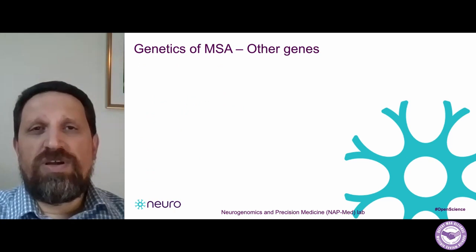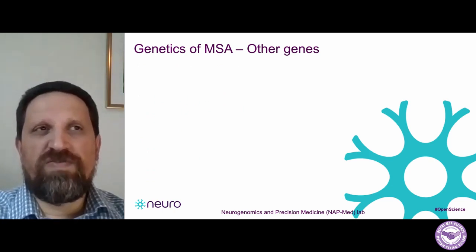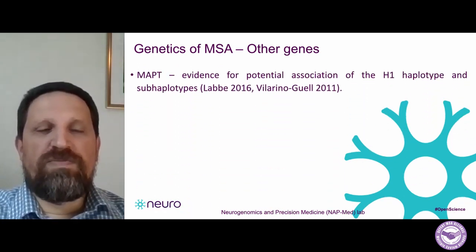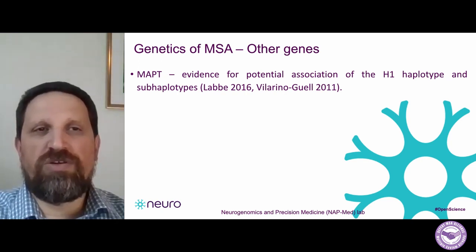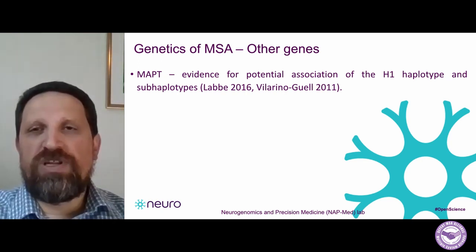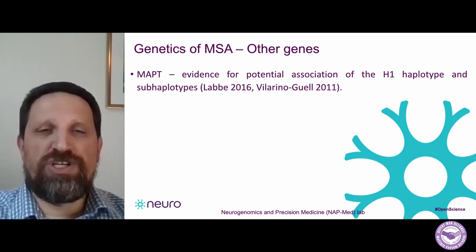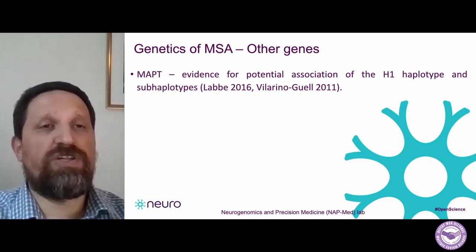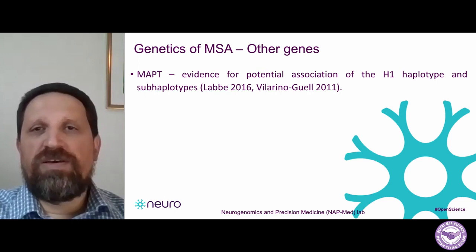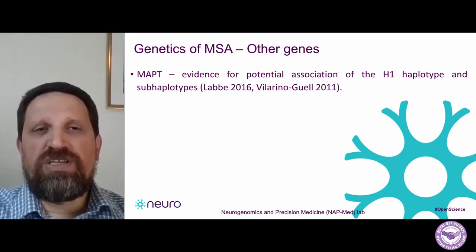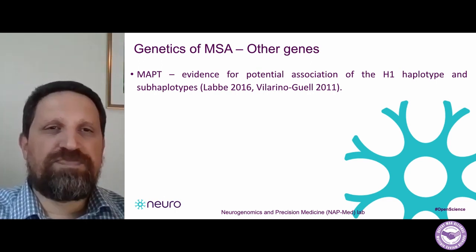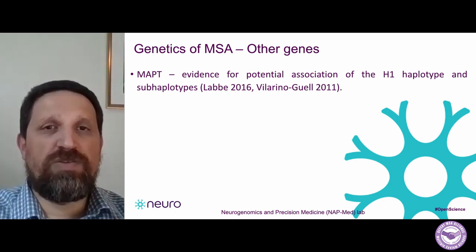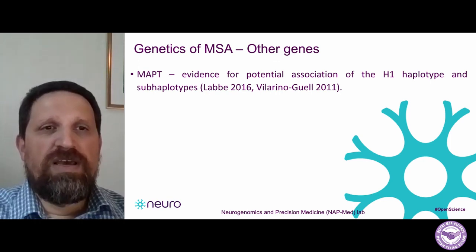Other genes have also been suggested to be involved in MSA. One of them is a gene called MAPT. This gene encodes a protein called tau, and this protein accumulates in different neurodegenerative diseases. Therefore, it's a very interesting gene to look at. There have been a few studies that suggested that a variant in this gene, which we call the H1 haplotype, is associated with risk of MSA.